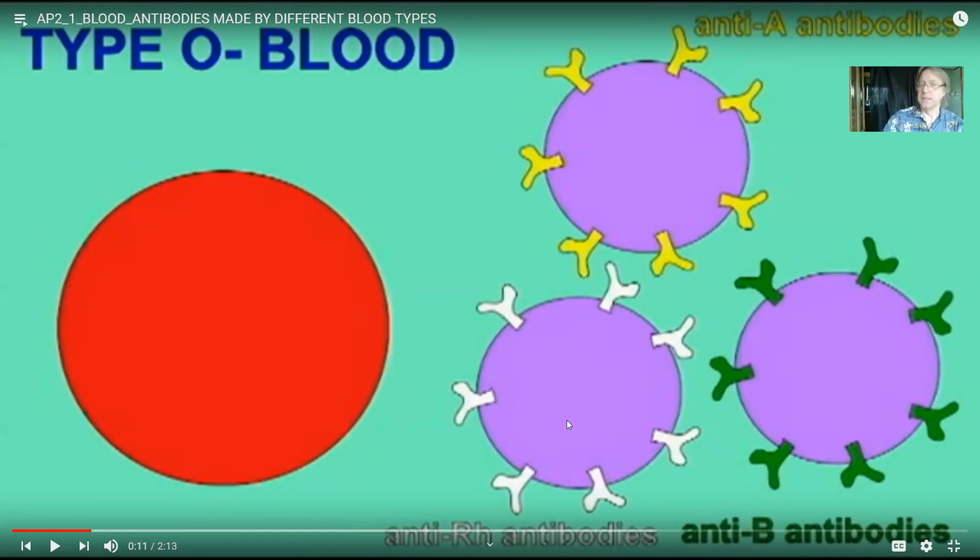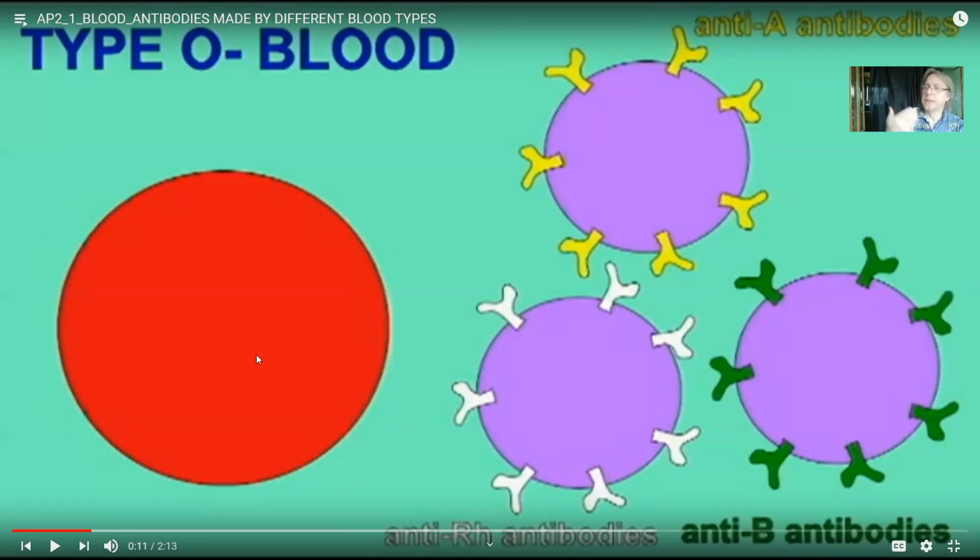It's a different gene, a different white blood cell making the antibodies. And so then the question is, is this person A, B, O, or AB? And that's asking the question, does it have yellow triangles, green, or both, or neither? That determines whether they're ABO.